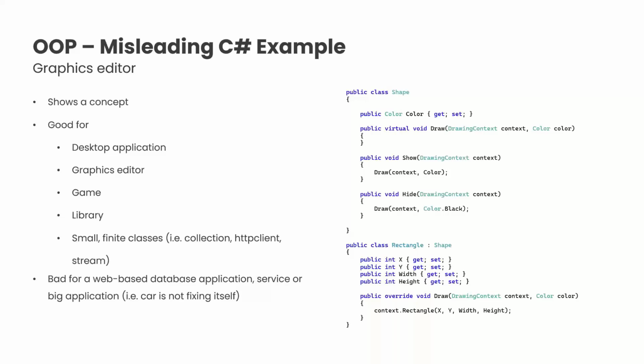So imagine a desktop application, a graphic editor, and then you have the classes, like class Shape, and class Rectangle that inherits from the Shape. So you build in memory a picture, which is built from different types of shapes.